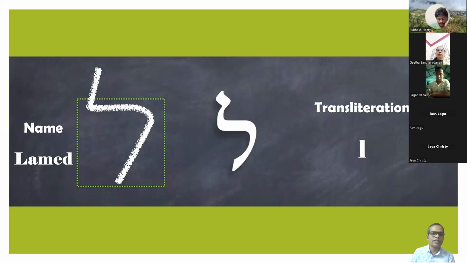Again you see a horizontal line which becomes a slanting vertical line with a small curve. So this is called Lamed. The transliteration of Lamed is L.